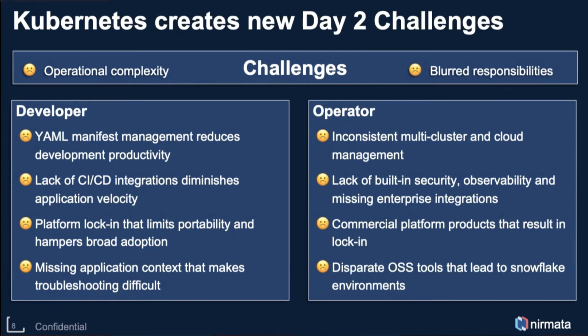Kubernetes does not have any built-in security, observability, and other capabilities. So those are needed, and those need to integrate with existing enterprise tools. So that's something that the operators need to do. In cases when operators choose a particular Kubernetes distribution, that could potentially cause lock-in if those distributions have any proprietary extensions. So that's another challenge.